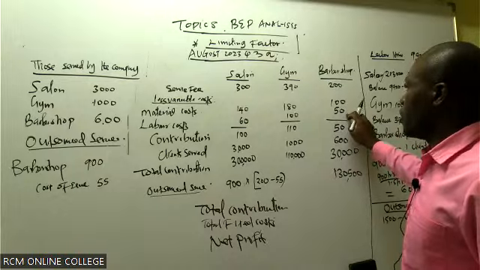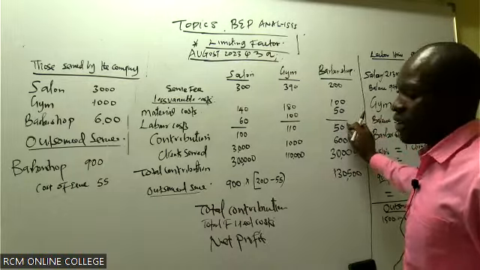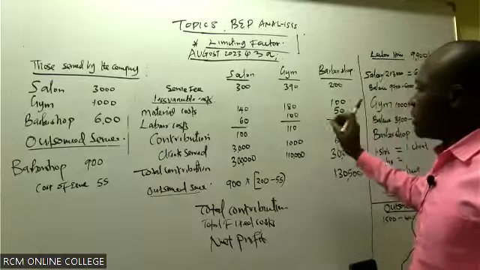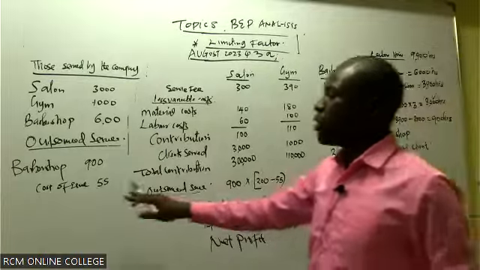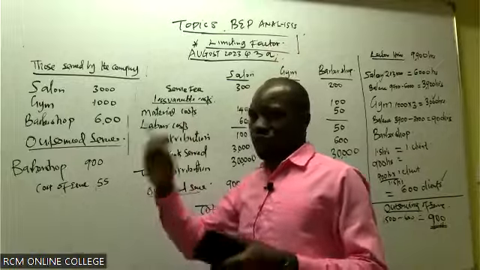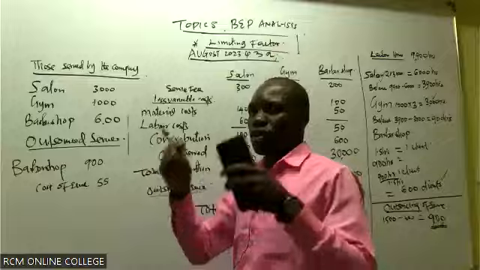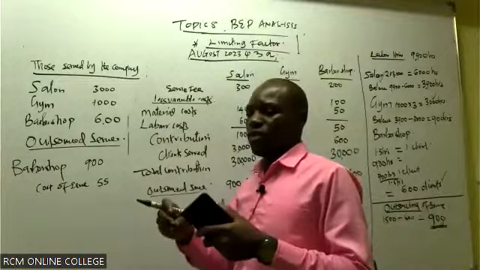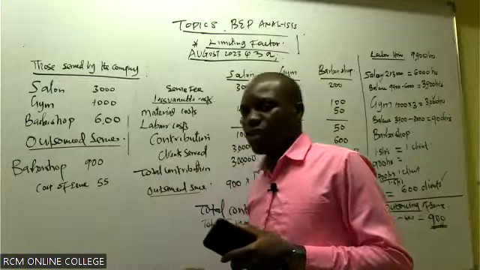So 200 minus 150, we get 50. When this person went to the store, he was told to pay 55. He paid that 55. So that is the cost, the amount paid to purchase, or the fee that was charged on that service.